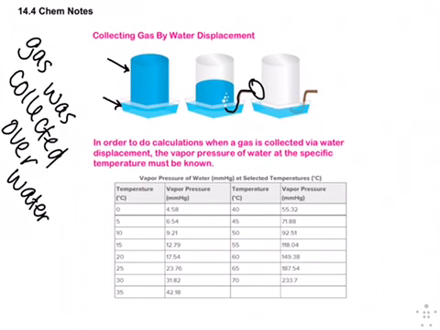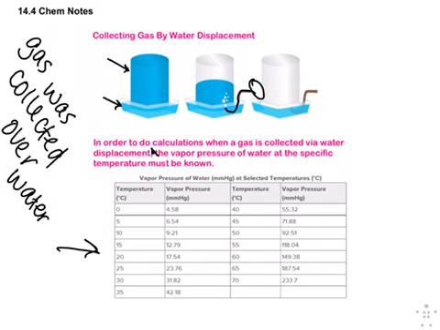That's when you know water displacement was used, and that also indicates that the vapor pressure of the water at that specific temperature must be known. You don't have to do any calculations to figure out the vapor pressure of water at that temperature. Just look at this handy dandy chart. Okay? I will provide you this chart come tests or quizzes.